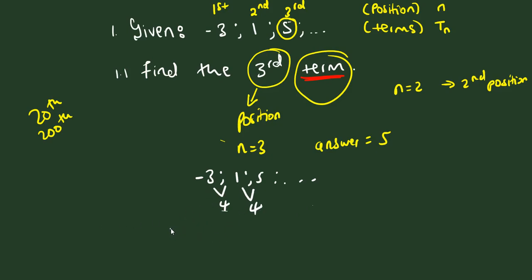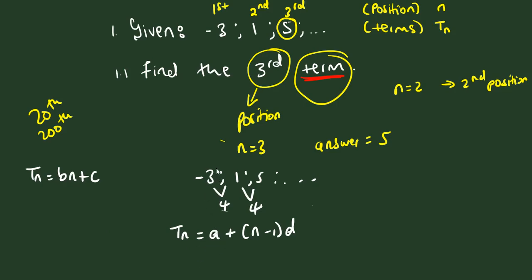So remember, you then say Tn is equal to a plus (n minus 1)d. For grade 10 to 11, remember we use Tn is equal to bn plus c. Please watch my previous videos if you want to know how to use this method. I'm going to continue with the grade 12 method since it's much faster.